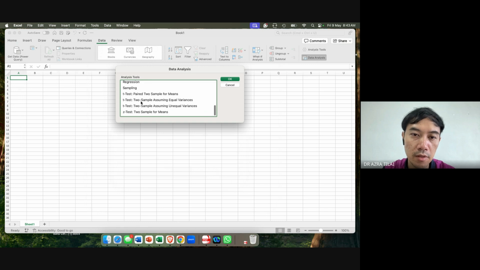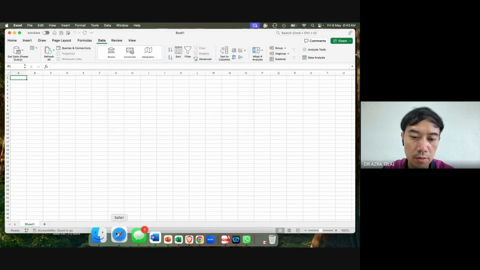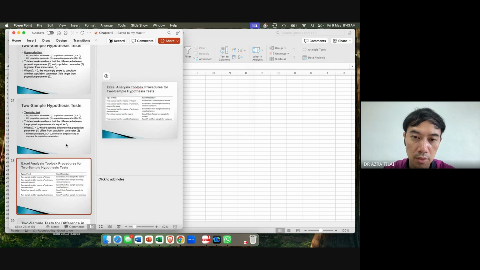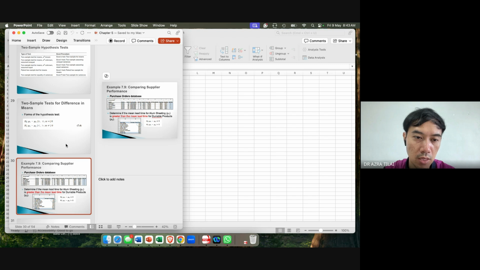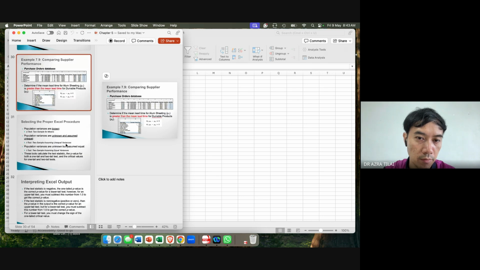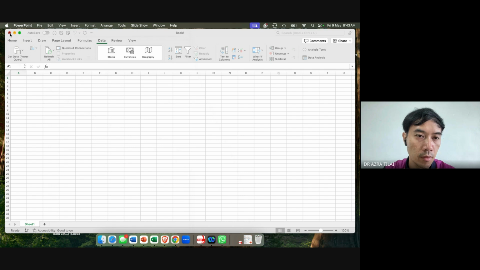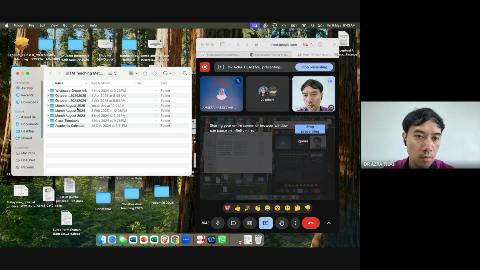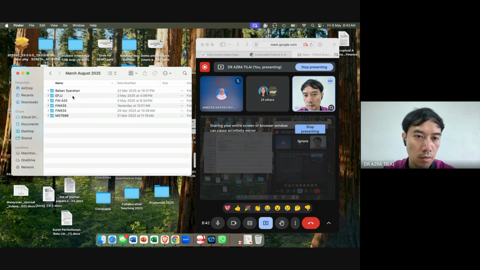We have a t-test. So it automatically works on a data set that you select. Let me see, is there an example? Will they show you an example of how to do it? Okay, there is, using the purchase order database. Go here, for purchase orders.